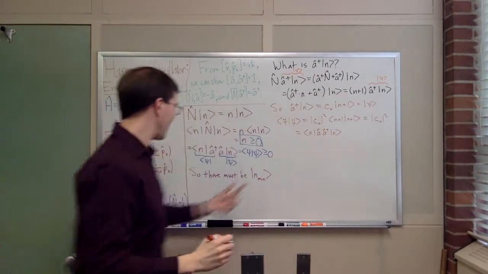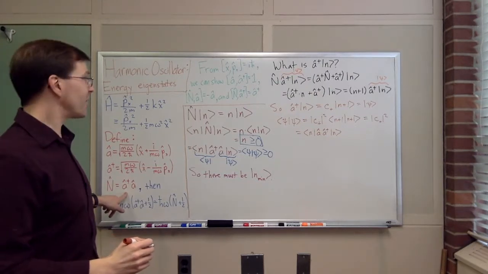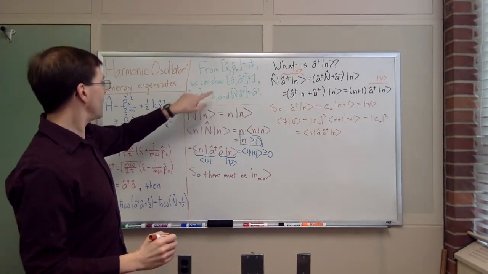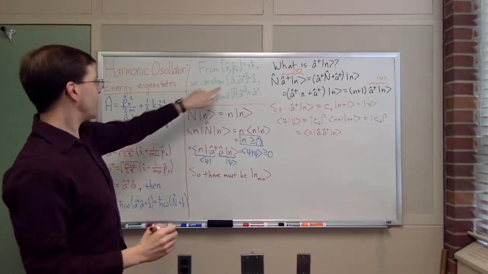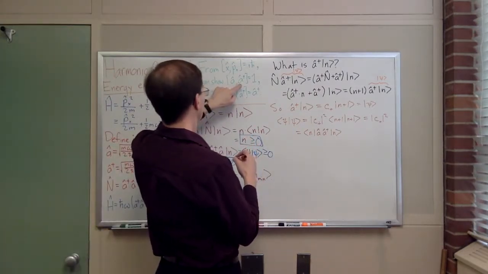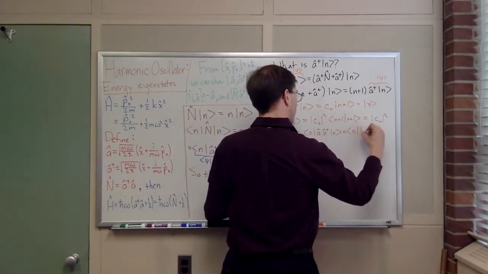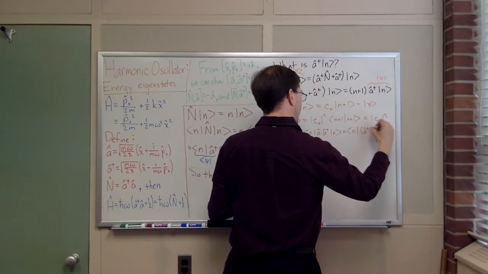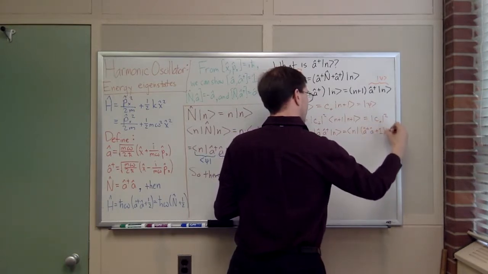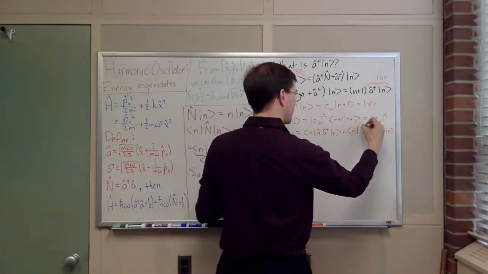And a dagger, hang on, I've got a commutation relation. I've got a and a dagger commutation relation. A a dagger equals a dagger a plus 1. So this equals n with a dagger a plus 1 times n. Right? And this whole thing is my number operator.